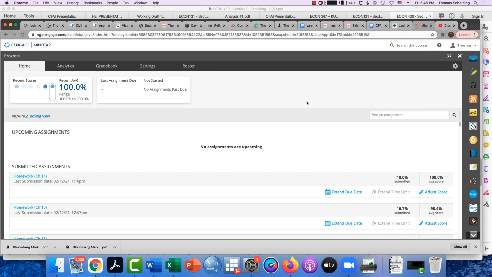The way that I structured it so far is that the homework, the reason why it's tough and the reason why you don't have any time limits and you get to do things multiple times and there's practice questions, is because you're actually doing the more difficult task there of applying the knowledge, right?